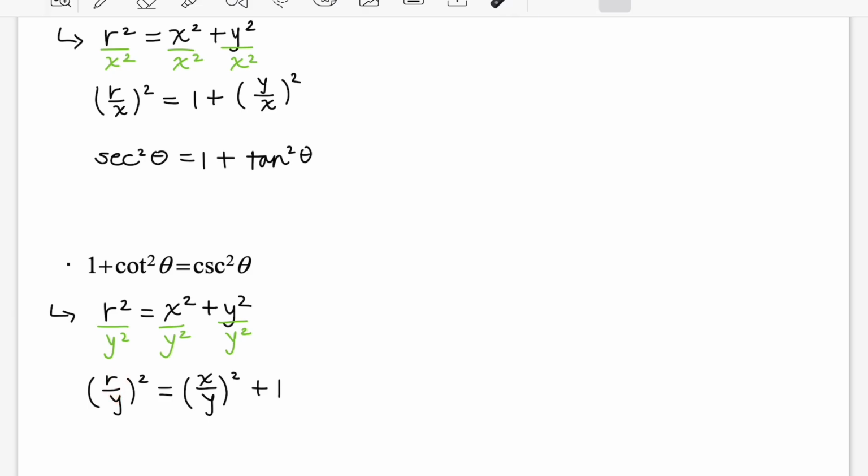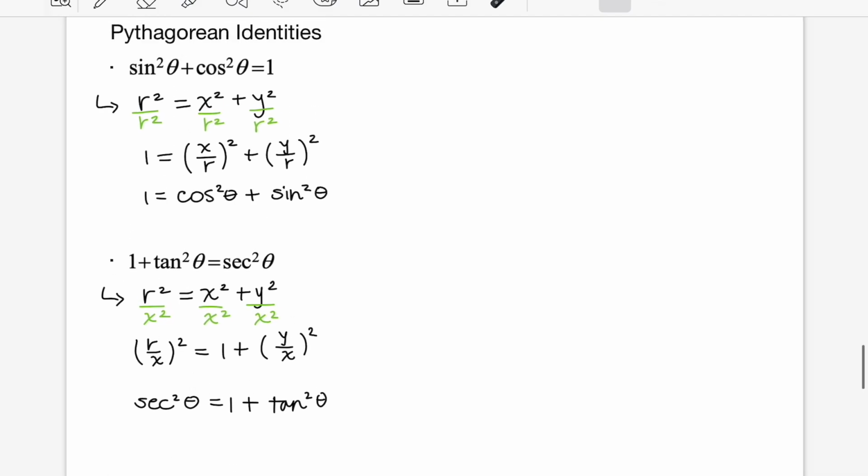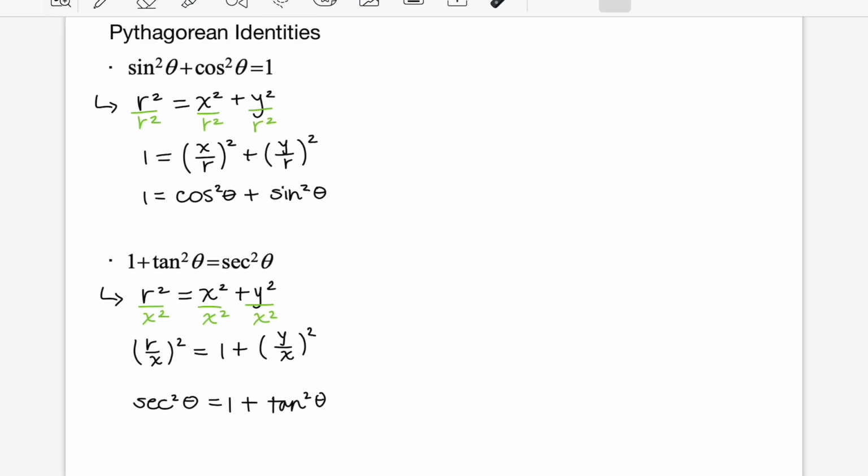Then r over y is going to be the reciprocal of sine, so this will give us cosecant squared theta is going to be equal to x over y squared, and that's going to be the reciprocal of tangent. So this will give us cotangent squared theta plus 1, which is exactly what we have up here. So these are three very important Pythagorean identities that we'll use throughout this course.